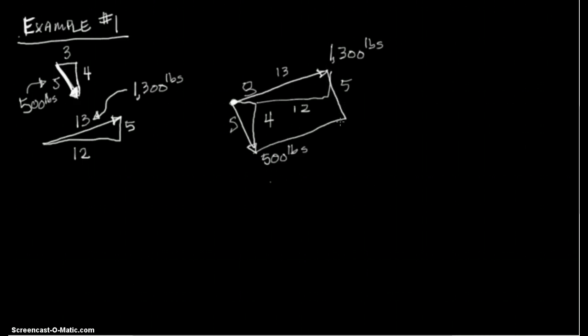Either way you do it, it comes out to this point. So see how it makes a parallelogram, and your resultant is going to end up right there. So the question is, what is that resultant?